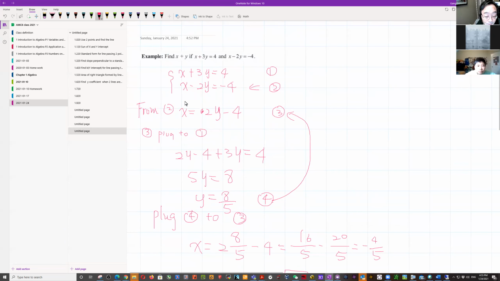So this is the substitution. Actually, substitution may not be the most convenient method. Usually people use elimination more, so let's see an example of elimination.